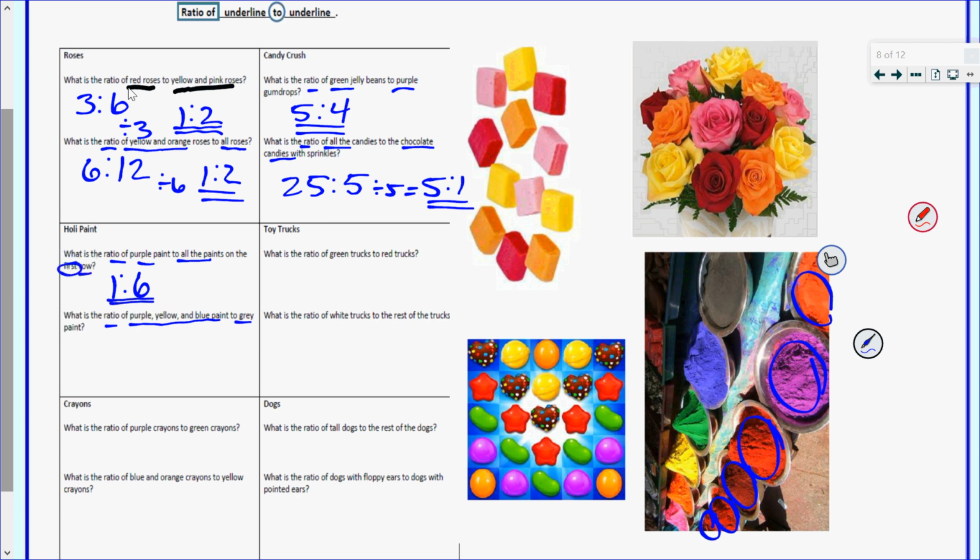Purple, yellow, blue, I have 3 of them. Gray, I only see 1. Can I simplify that one? That was it. So those should have been your 6 answers. So 1 to 6.